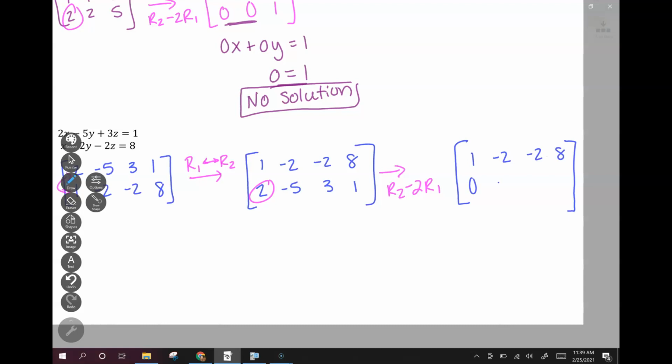Zero. -5 minus 2 times -2. 2 times -2 times -2 gives me 4, so that becomes -5 plus 4, which is -1. 3 minus 2 times -2 gives me 7. 1 minus 2 times 8 gives me -15.